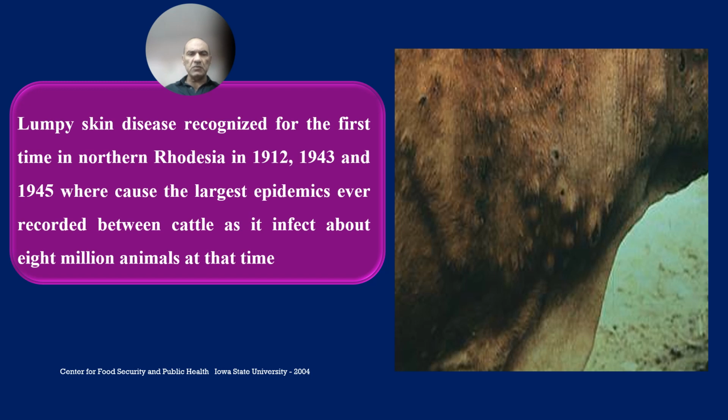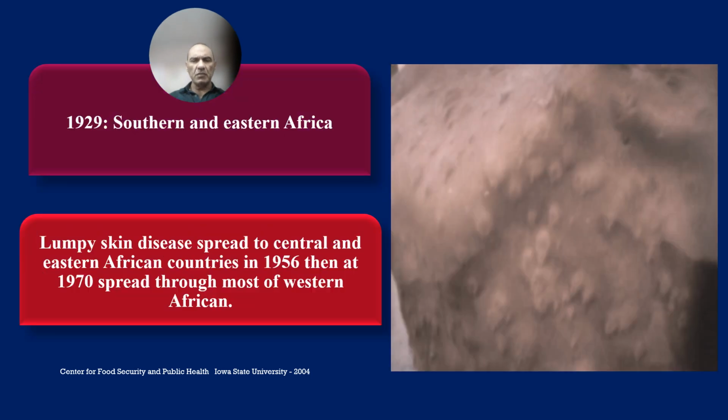Lumpy skin disease was recognized for the first time in northern Rhodesia in 1912, then in 1943 and 1945, where it caused the largest epidemics ever recorded among cattle, as it infected about 8 million animals at that time. In 1929, Southern and Eastern Africa were affected.